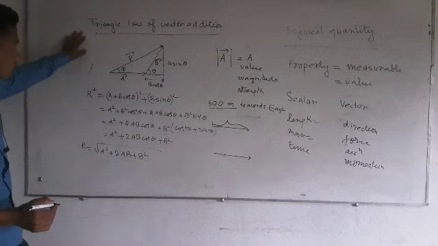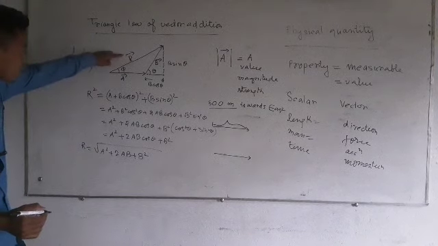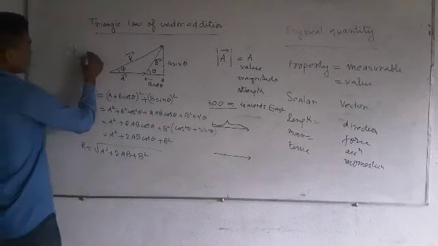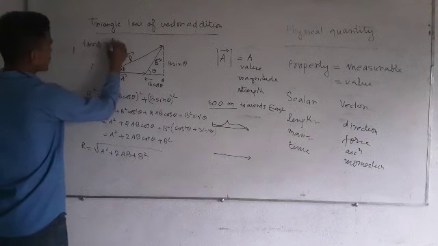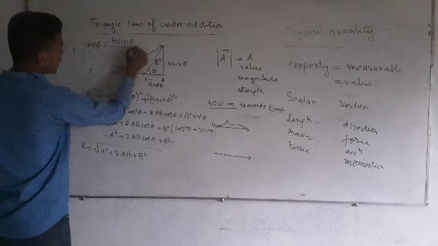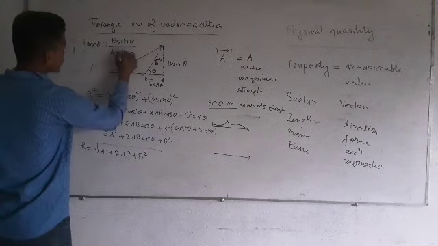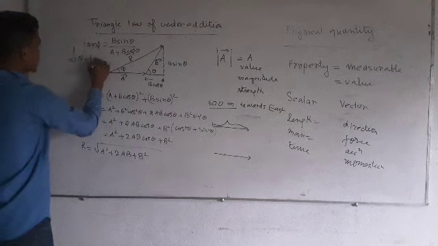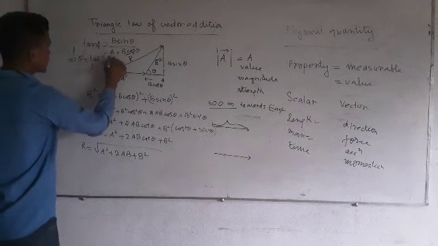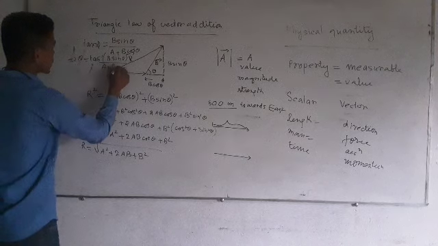So what will be the direction of the resultant vector? The direction of the resultant vector will be given by this ratio: tan phi is equal to the opposite side, B sin theta, divided by the base, that means A plus B cos theta. That implies phi is equal to tan inverse of B sin theta divided by A plus B cos theta.